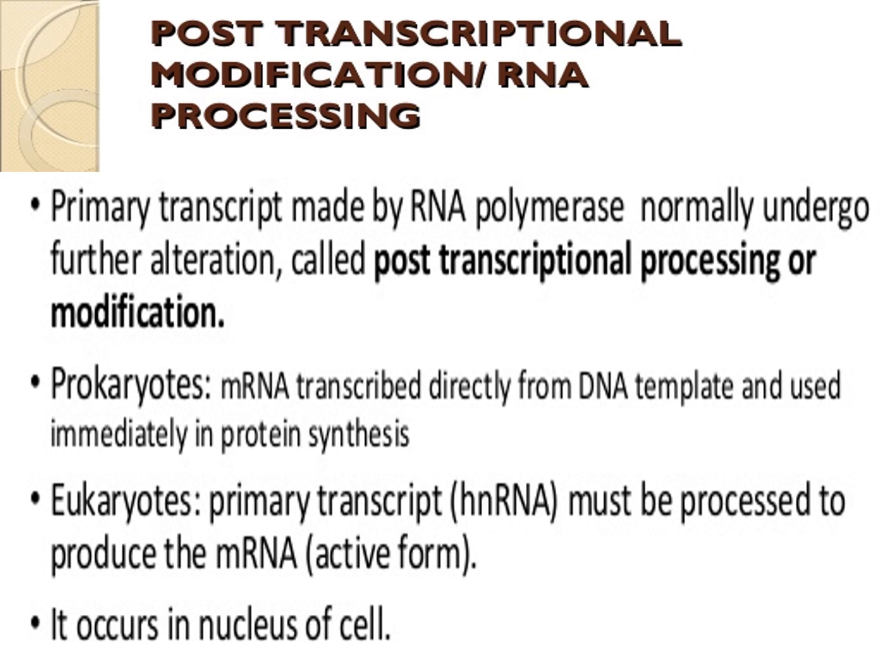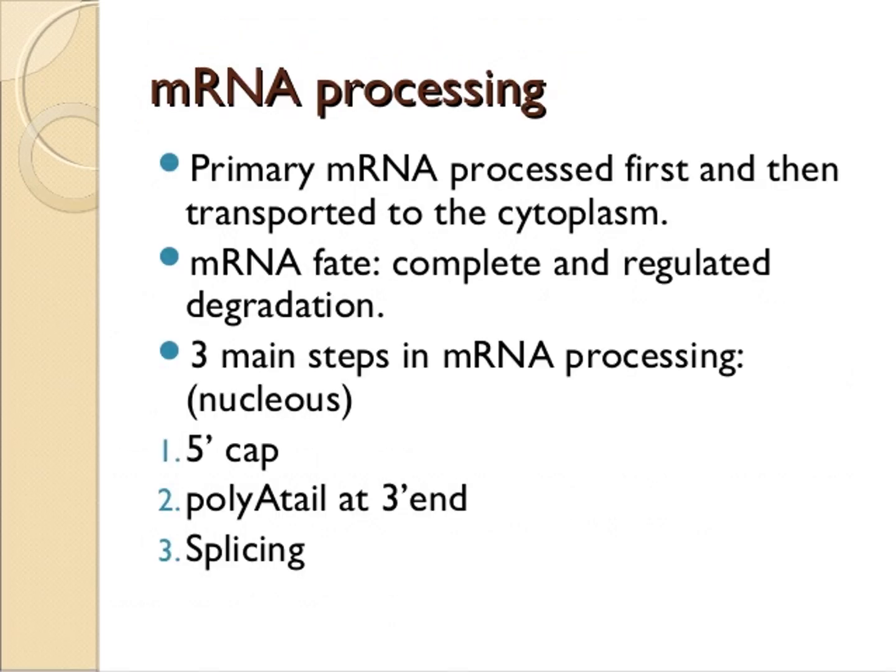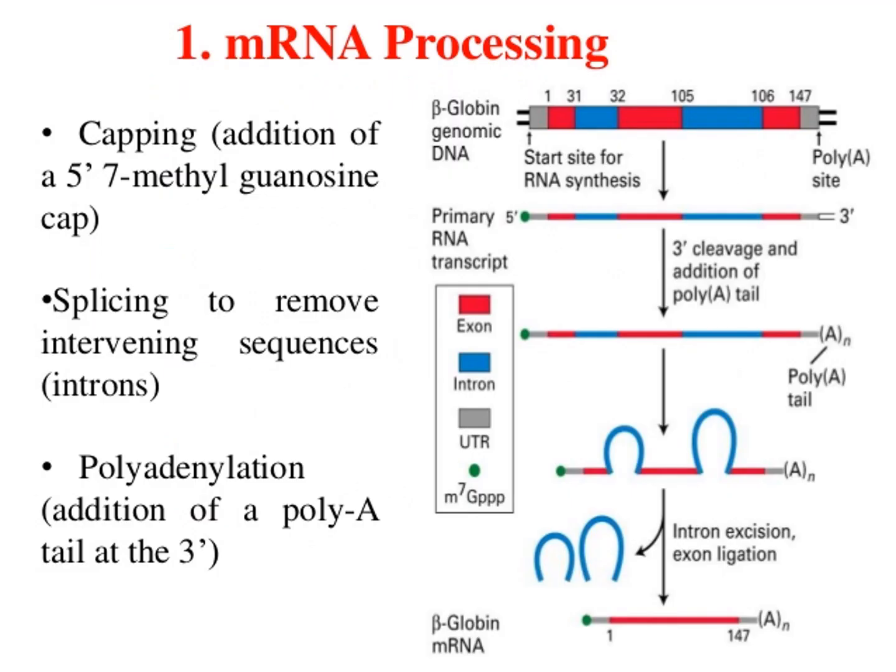So the primary mRNA must be processed to produce the mature, active form of mRNA. It takes place in the nucleus, and this process only takes place in the eukaryotic cell. The mRNA processing includes three steps: 5' capping, 3' poly A tailing, and splicing.